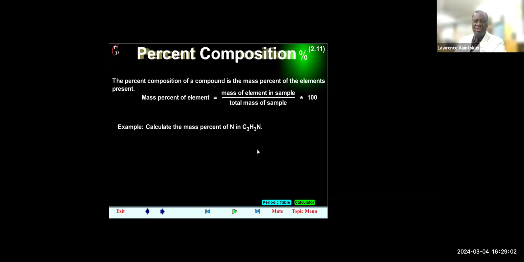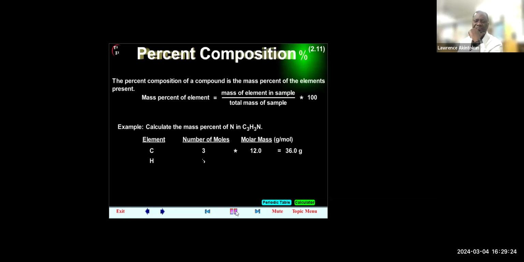Calculate the mass percentage of nitrogen in C3H3N. Element C. Number of moles 3. Molar mass 12.0. 36.0 grams.